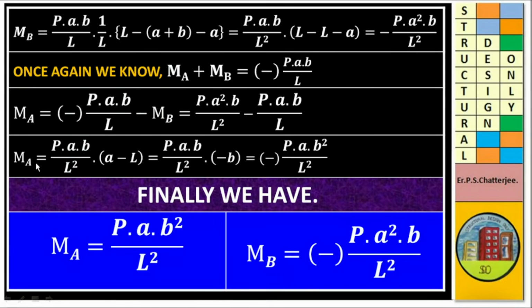Therefore MA = P A B/L² × (A - L) = P A B/L² × (-B) = -P A B²/L². Finally we have MA = P A B²/L², or MB = P A² B/L² with a negative sign.